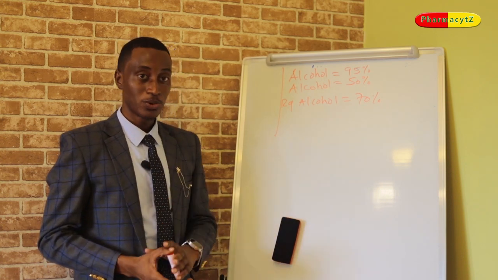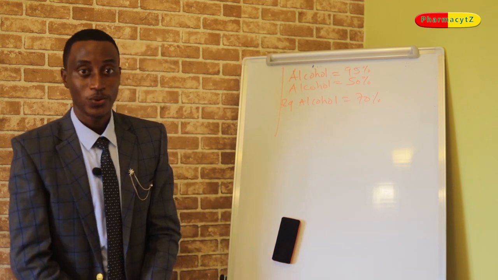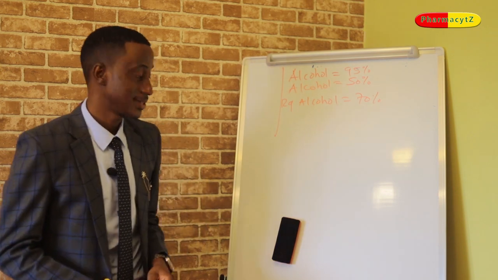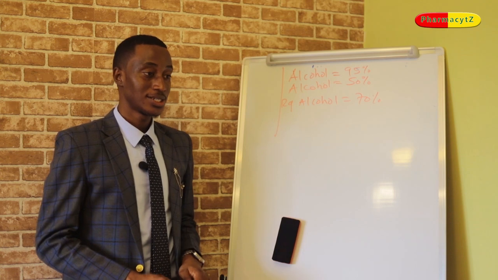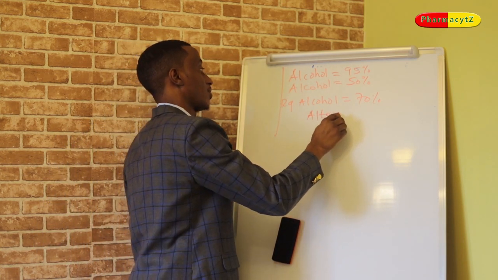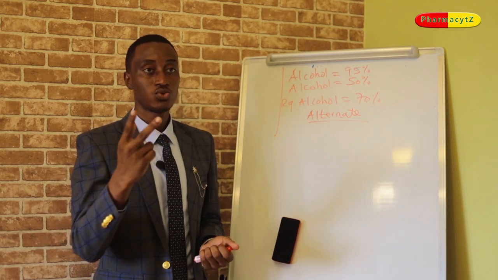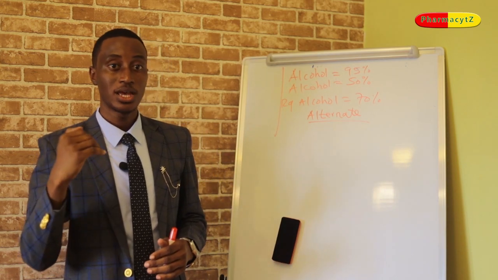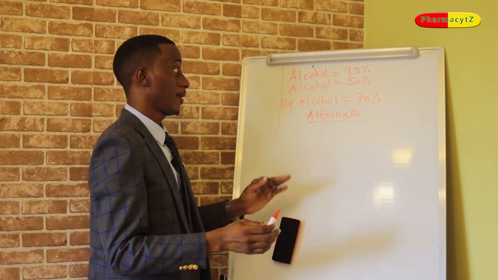To know the proportions, which are equivalent to the number of parts, we need to employ alligation alternate because we are looking at the number of parts. What is the general rule of thumb when using alligation alternate? You need to have at least two components, one with the higher concentration and one with a lower concentration, while the third is the required concentration.